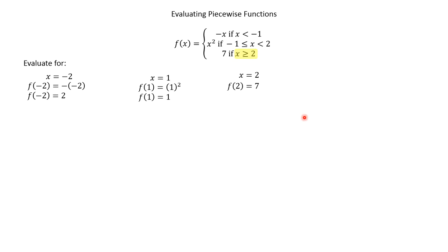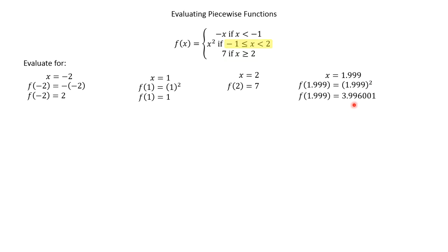It's the horizontal line. So here there's a gap, kind of like we saw a gap on the step function. If we were to plug in 1.999, 1.999 is less than 2, so we'd plug it in here. And we get f of 1.999 is 1.999 squared, which is basically 4.